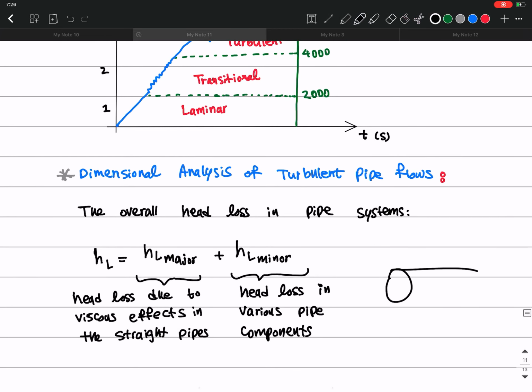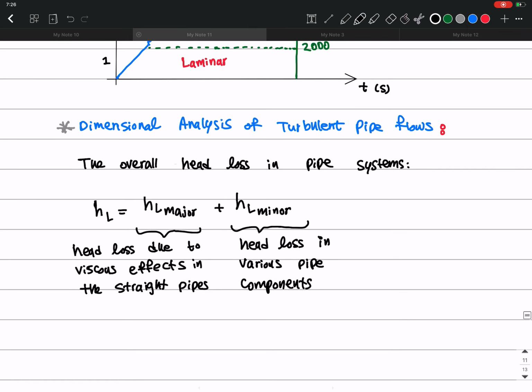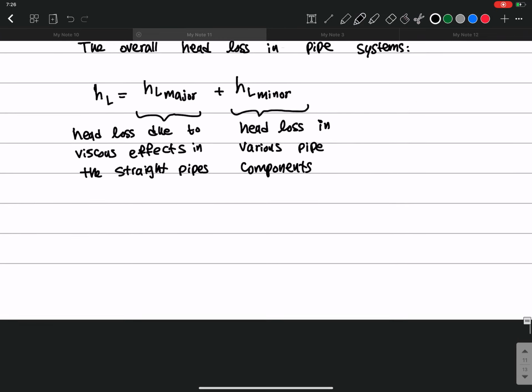For example, if you have a pipe, once the flow comes from the inflow and then gets out of the pipe, because of the friction at the wall, there will be some energy dissipation and therefore some energy loss, which we call major head loss. And minor head losses refer to those due to additional components in a pipe system, such as joints, elbows, and all of these kinds of things, okay?